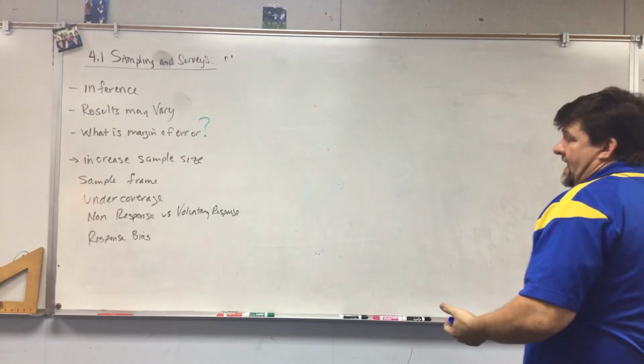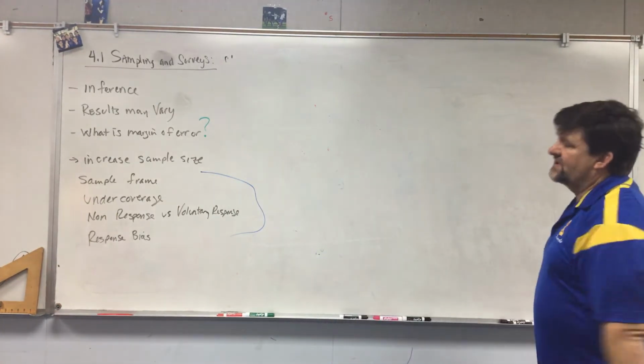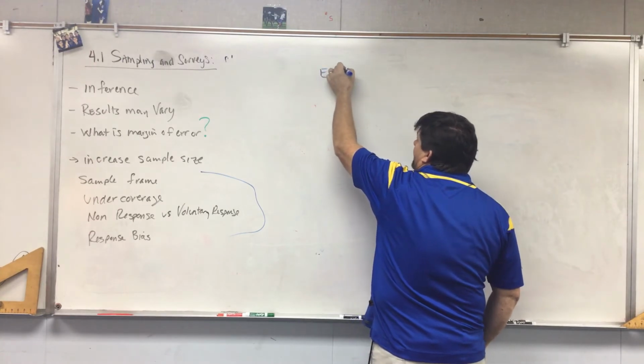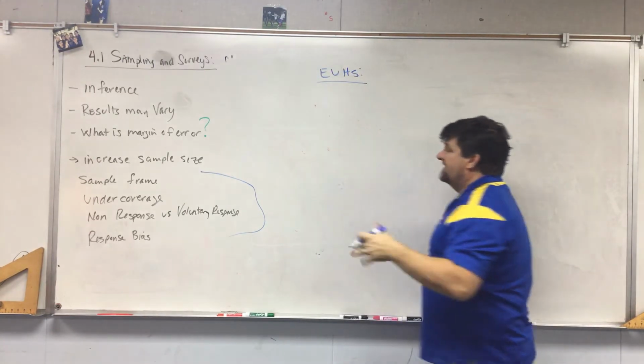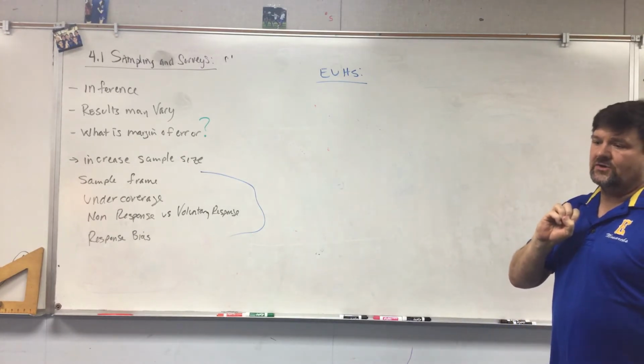So, sample frame. Let's just talk about these last few things here. These are pretty dry but straightforward. Sample frame: let's talk about it as EUHS. The sample frame is the list of people that you would grab.